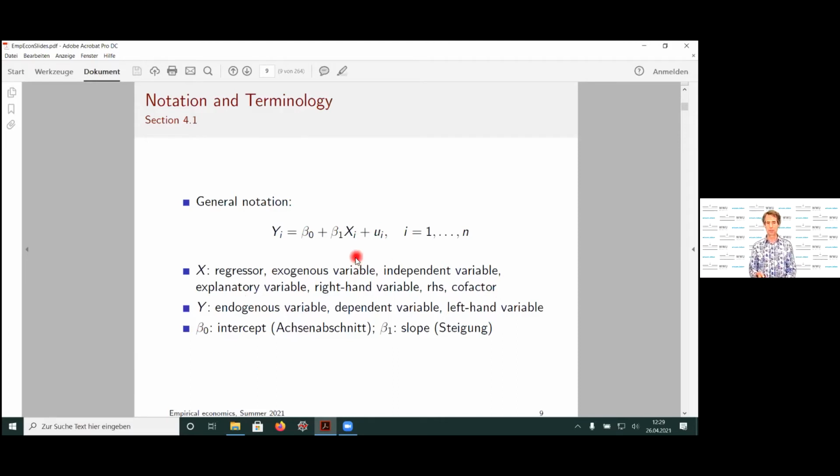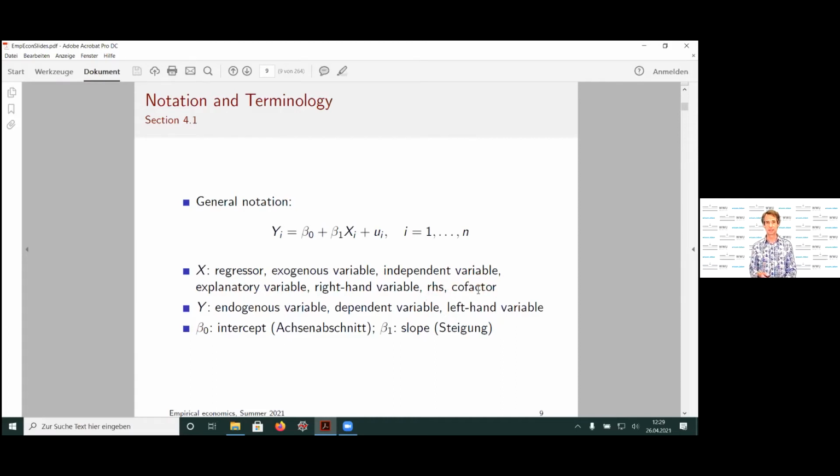So let's start with x. The x's are called regressor variable, but there are many more terms to talk about the x's. Different terms for regressor are exogenous variable, independent variable, explanatory variable, right-hand side variable, or just RHS, or the cofactor.